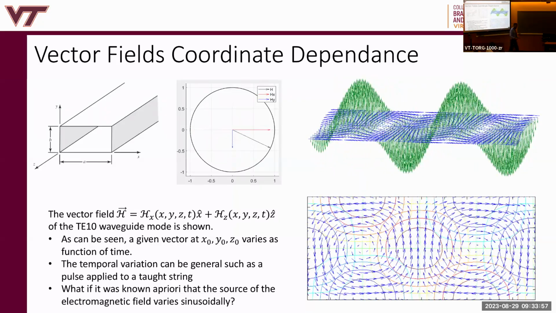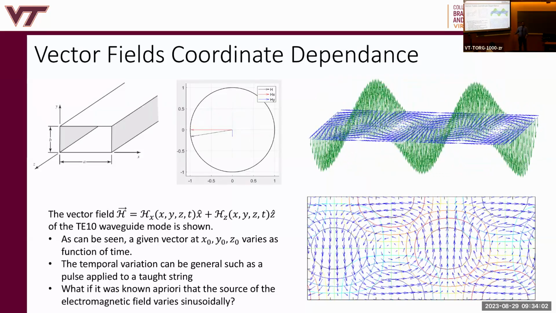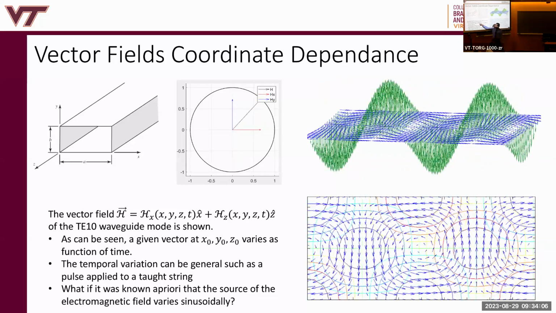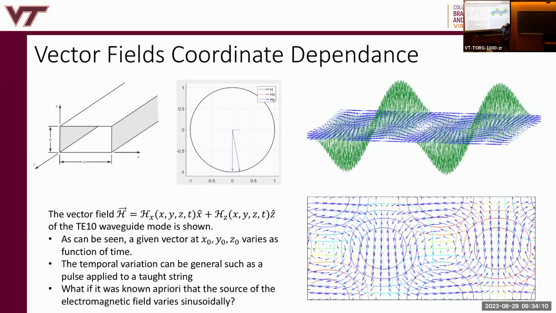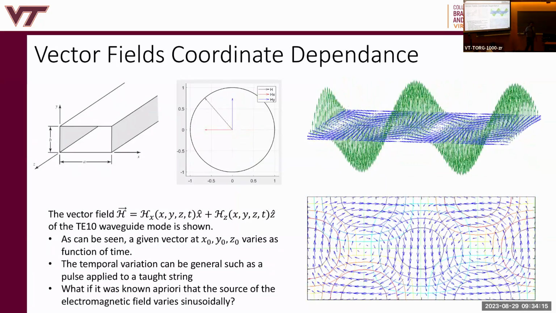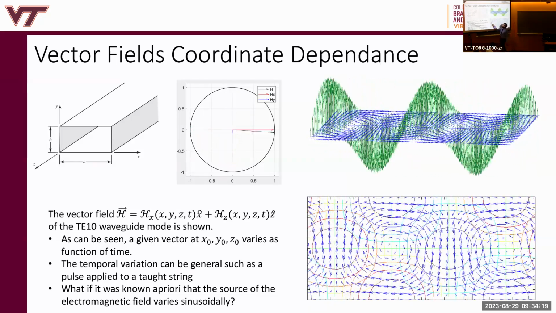By having two components and enforcing a particular phase relationship between them, I can get the vector field, the actual H, which is the summation of these two components, to rotate. I depicted that here in this animation. We have HX and HZ, and those two components are oscillating sinusoidally on their own, but they're 90 degrees out of phase.